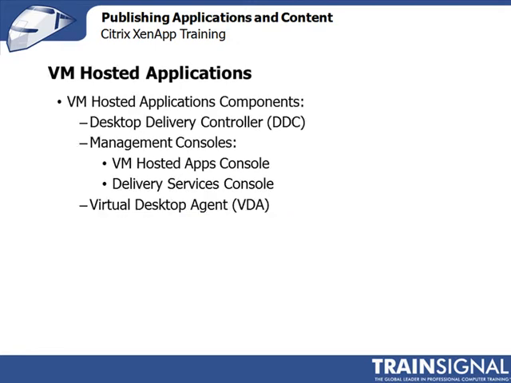VM hosted applications. This is really cool. Up until recently, there were applications that just didn't install on server platforms. So you had applications that would require a guest operating system that only worked on Windows XP, for example, or Windows 7 or Windows 95, I don't know, but they needed a guest operating system.